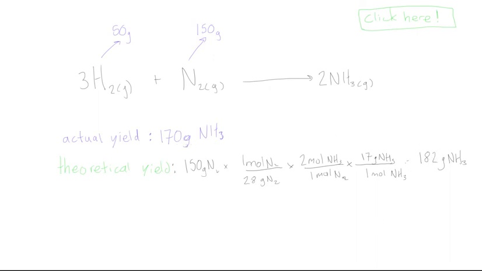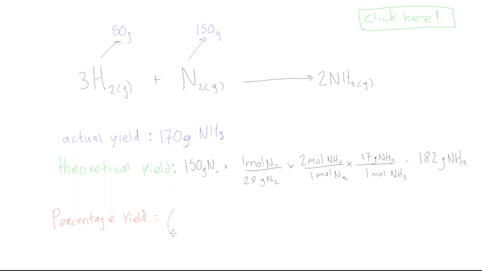So this leads us to the next one. The next thing we're talking about is percentage yield. Let's change colors and write it here. Percentage yield. Okay, you got the idea. What percentage yield is, basically, is how close to the theoretical yield we were.